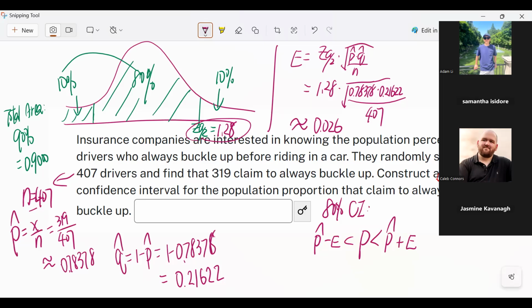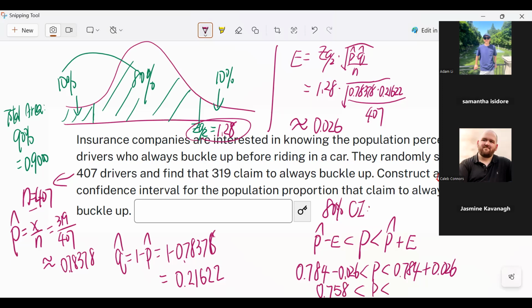And so we get, to 3 decimals, 0.784 minus 0.026 and 0.784 plus 0.026. And the difference, let's see, is 0.758.